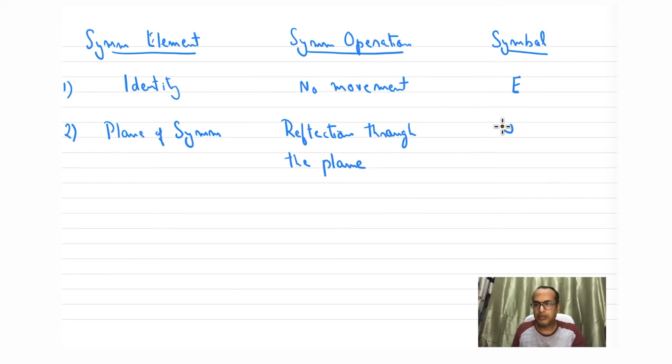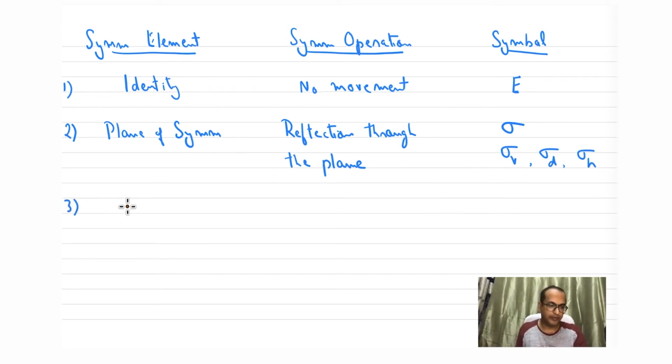And the symbol is sigma. And there are 3 types of planes: sigma V, sigma D, and sigma H. We will see in detail. These are called the vertical plane of symmetry, dihedral plane of symmetry, and horizontal plane of symmetry.